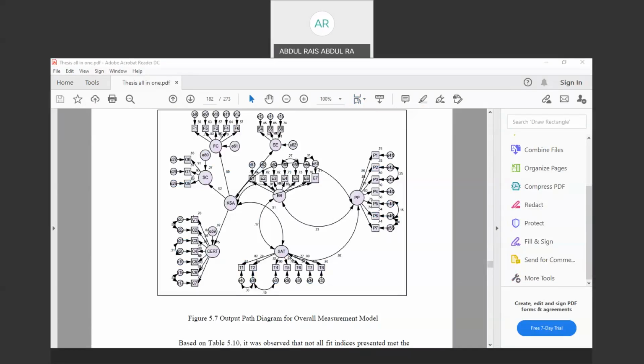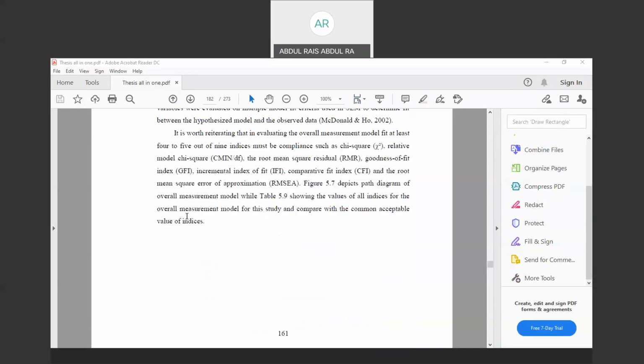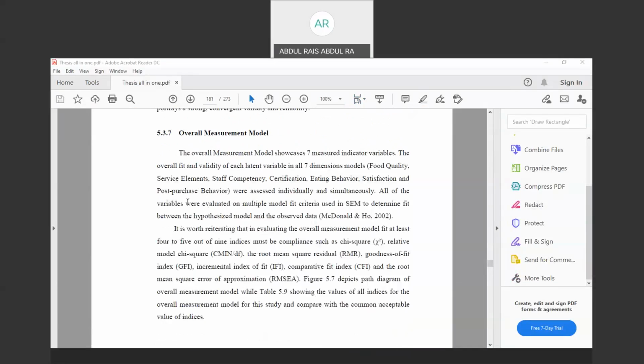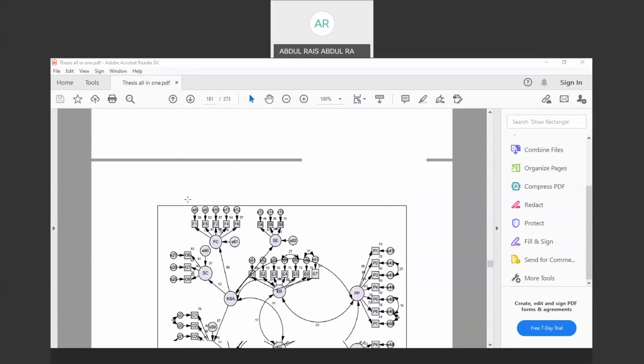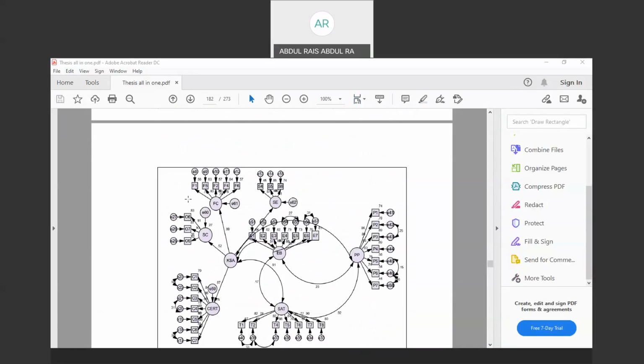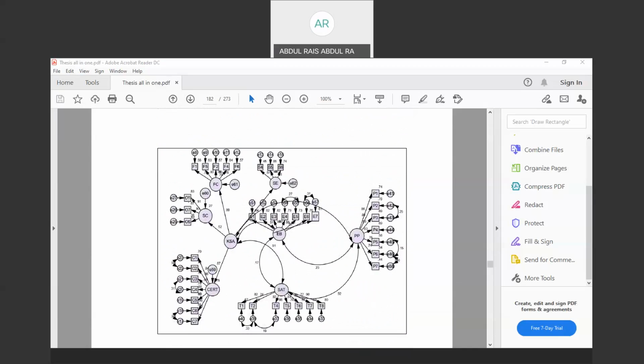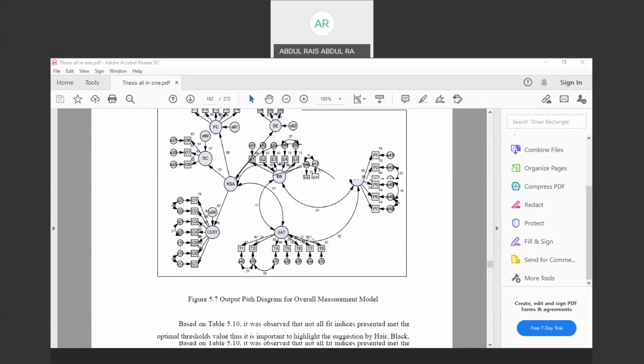As for CFA, this is generally how a model would look, in order for us to measure whether the proposed diagram is fit and ready to be analyzed using the structural model path. This is one example of an independent variable with two mediating variables and a dependent variable.